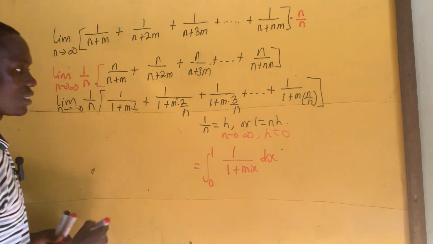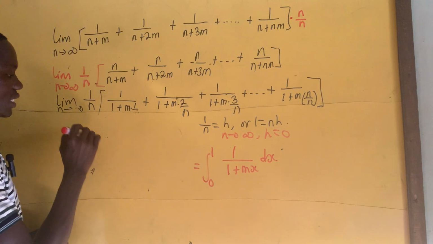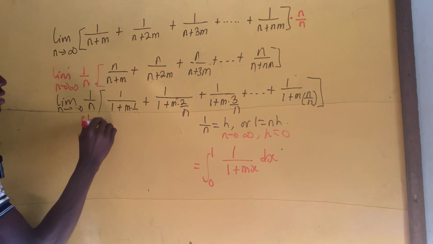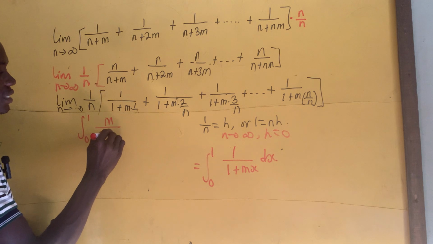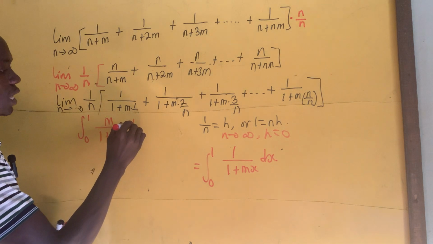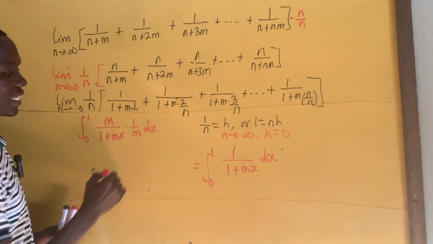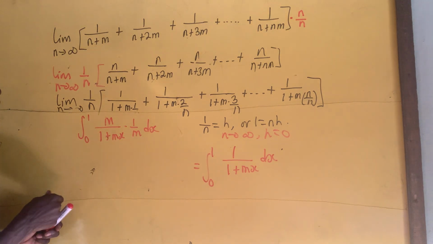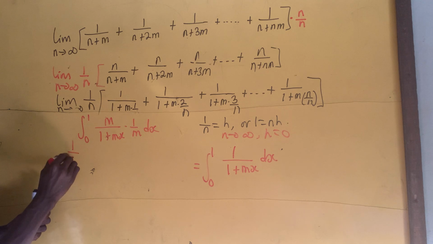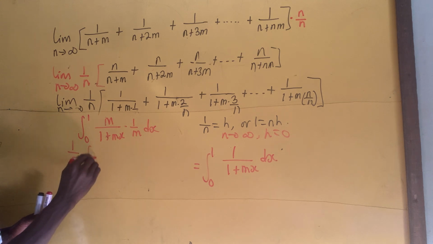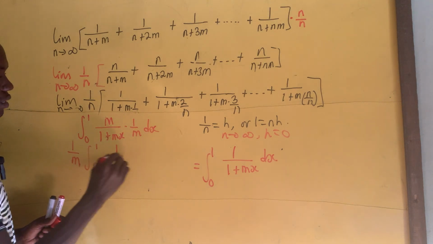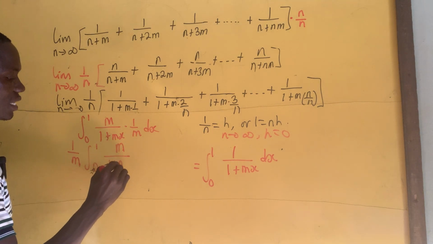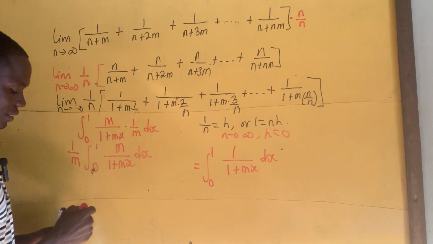So let's integrate. This integral can be written as the integral from 0 to 1 of m on 1 plus mx times 1 on m dx. If this m cancels this m, we come back here. So we factorize 1 on m out to get 1 on m times the integral from 0 to 1 of m on 1 plus mx dx.